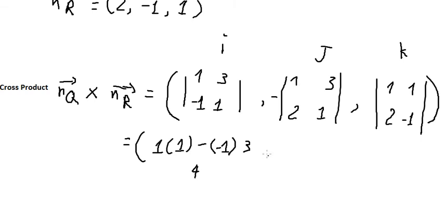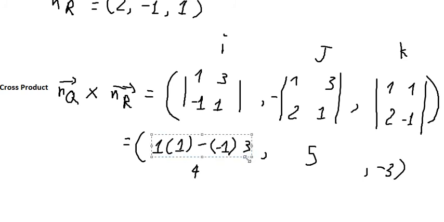Now you can do the same with J. 1 multiplied by 1 minus 2 multiplied by 3. This one you get negative 5, but we have the negative sign in here, so you get positive 5. This one, 1 multiplied by negative 1, you get negative 1, minus 2 multiplied by 1. So we have negative 1, negative 2, we have negative 3.